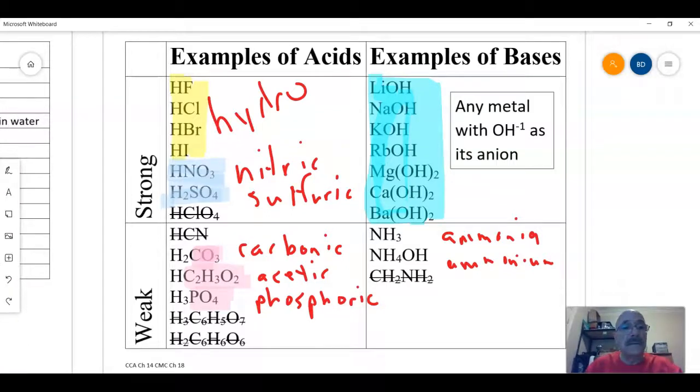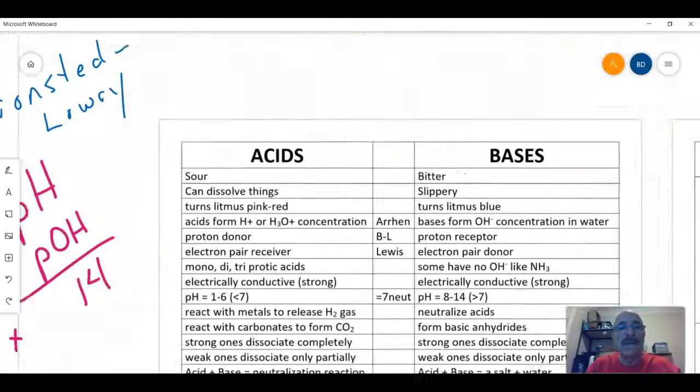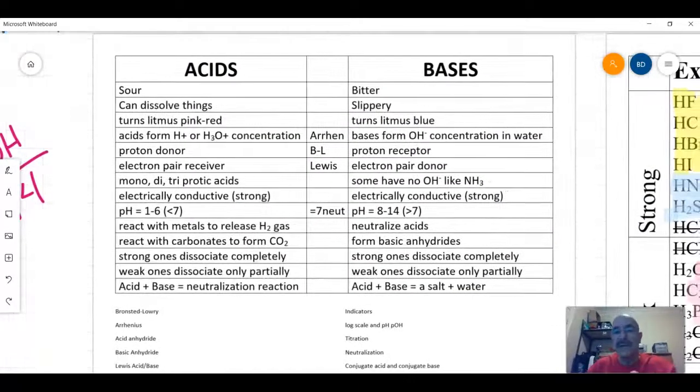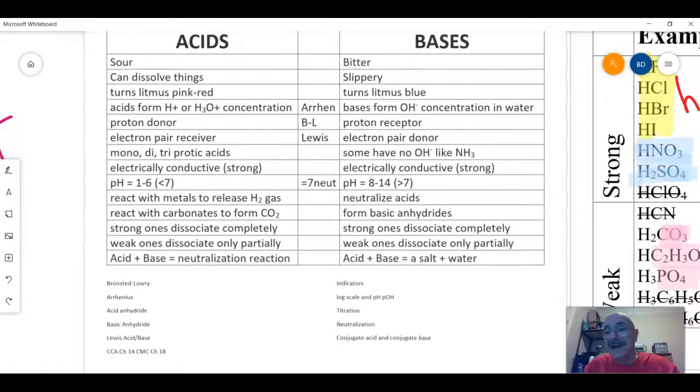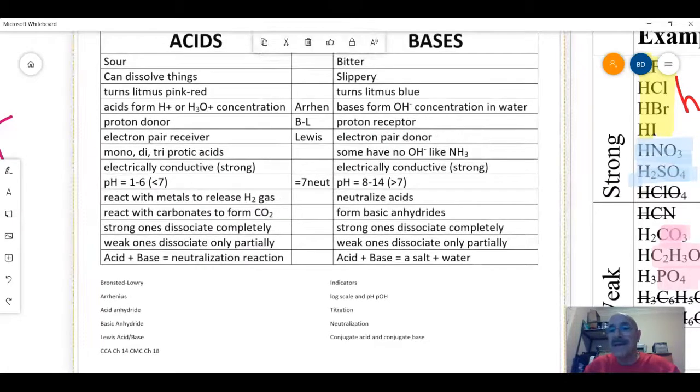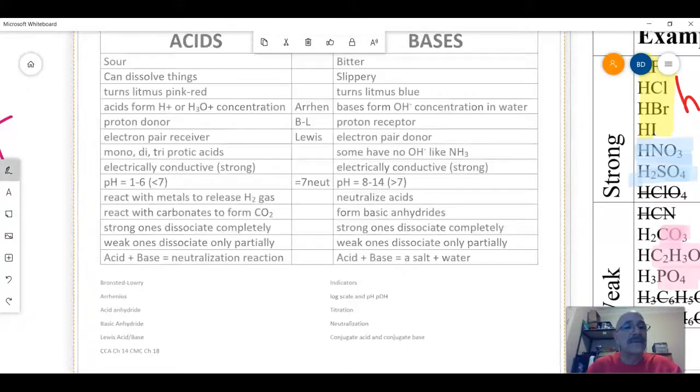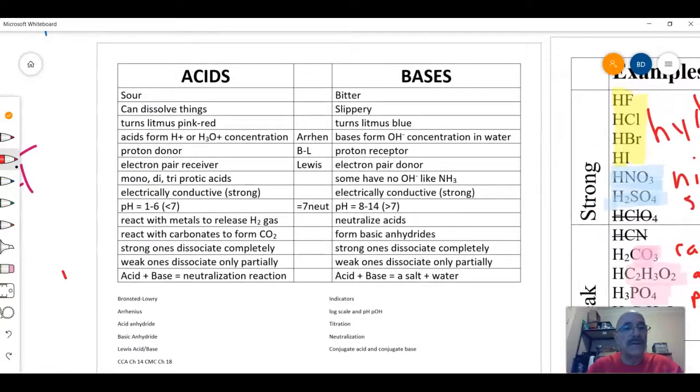Okay, the next thing that we need to look at is our chart here, and you definitely want to study this as well. Notice at the bottom of my chart, I've got some other terms from the chapter, which you don't have on yours, but that's okay.